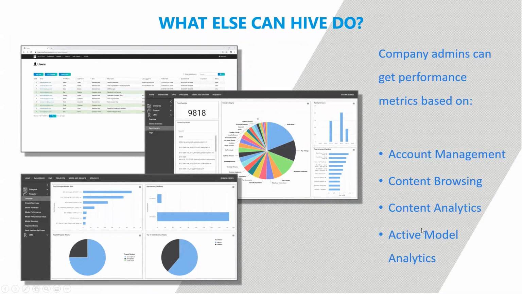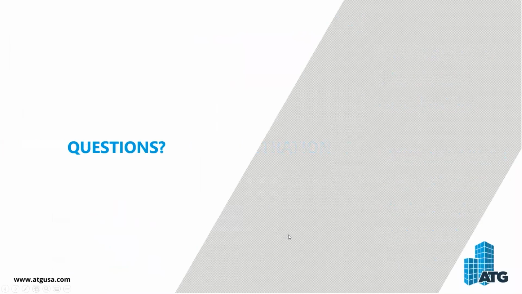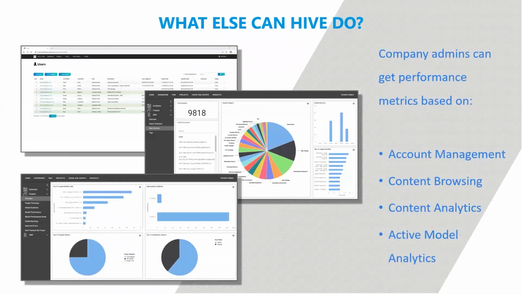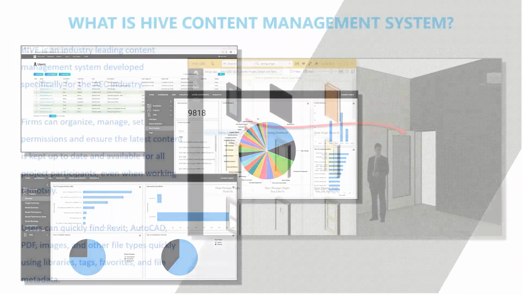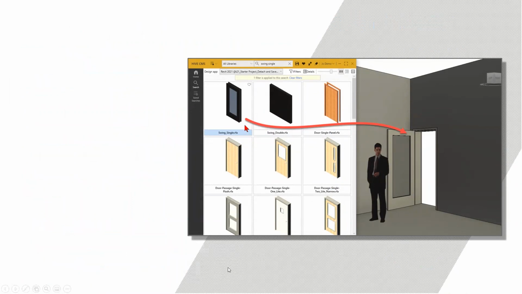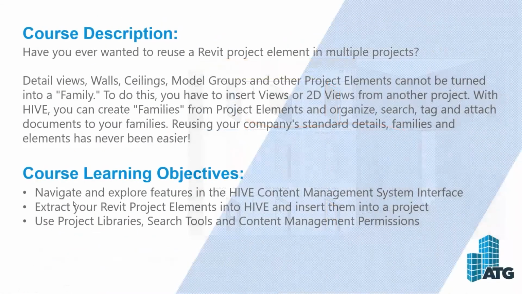And we've also talked about the active model analytics, to where you can analyze if those are linked in. Again, I want to make sure I haven't missed anything. Talked about how to extract those project elements into Hive and insert them. Yeah, project library search tool and content management permissions.